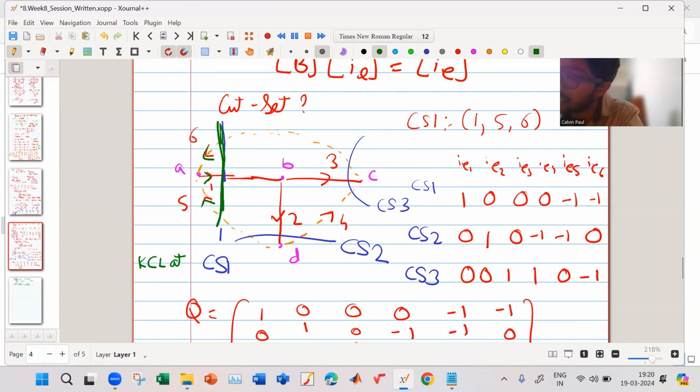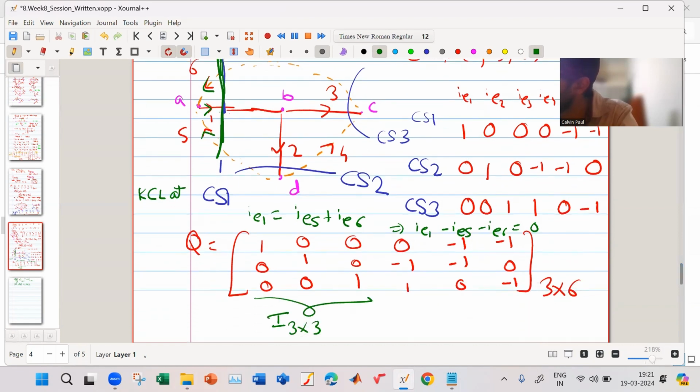Applying KCL for this cut set, I get IE1 entering equal to the current leaving out, that is IE1 is equal to IE5 plus IE6. Further simplifying, IE1 minus IE5 minus IE6 is equal to 0.